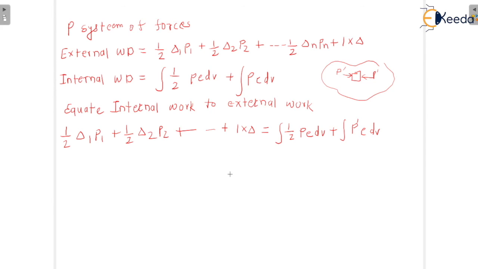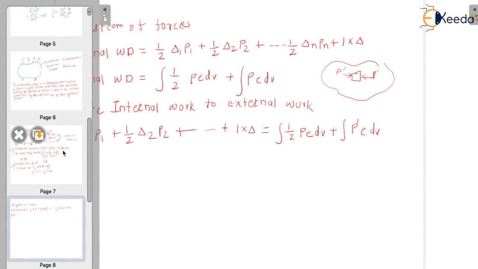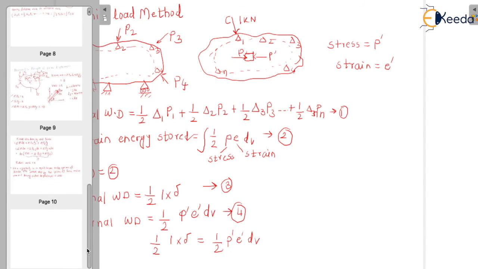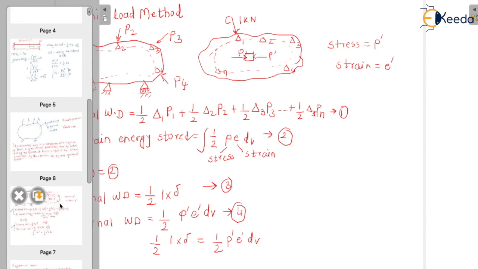So this was our initial equation, half of del 1 P1 plus half of del 2 P2, and so on. This was our previous equation, equation number 1.